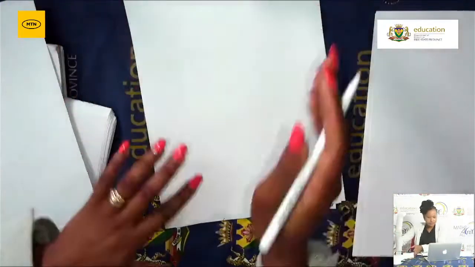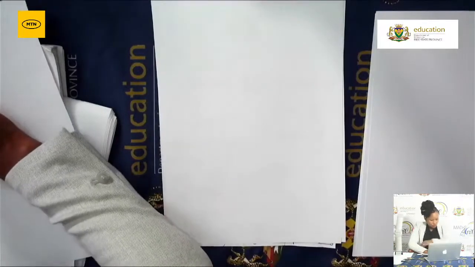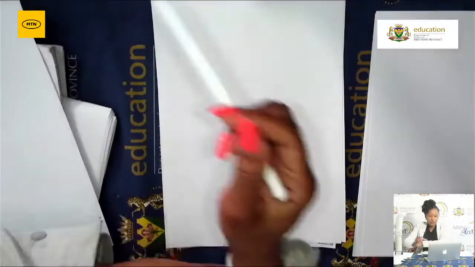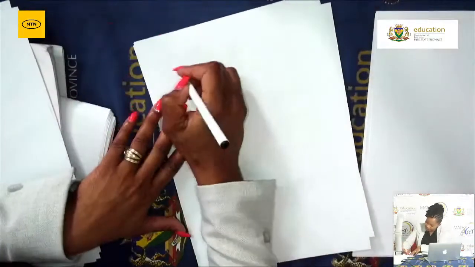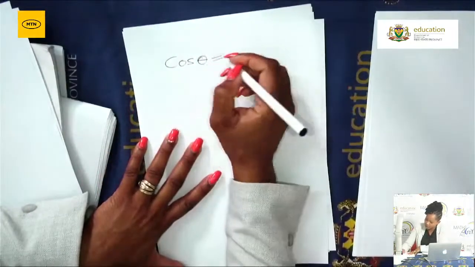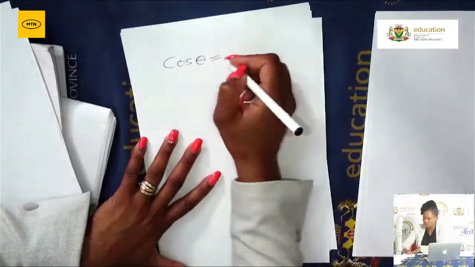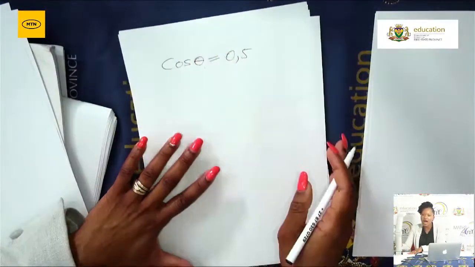Right. Still on question 3, we can now have the trig equation. The equation we are referring to is an equation like this: cos theta equals 0,5, or maybe cos theta equals half.